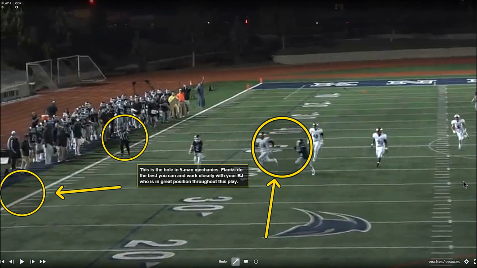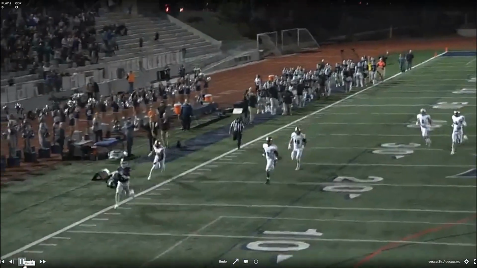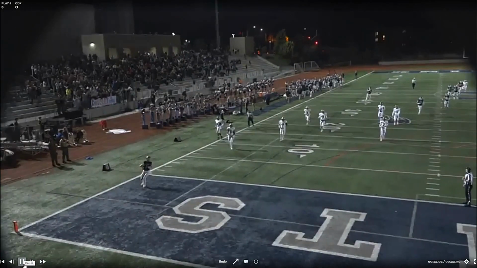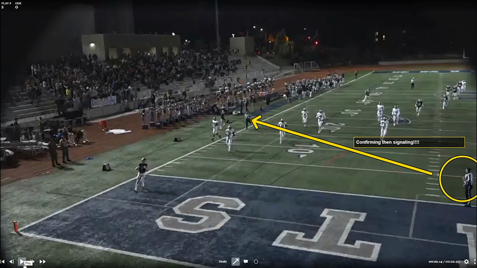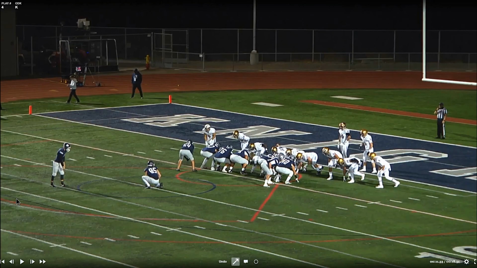And of course, the official and the umpire could take a look at it too, but you've probably got the best look at it. Yeah, great job. Wait for that confirmation. Thumbs up, nodding, whatever it might be. But good crew communication.